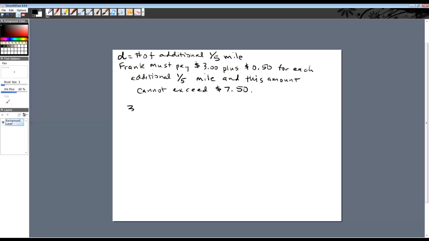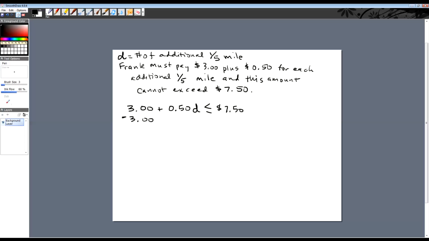So what does he have? He must pay $3 plus 50 cents for each additional fifth of a mile. So each additional fifth of a mile would be D. This must be less than or equal to $7.50. So let's isolate the variable.